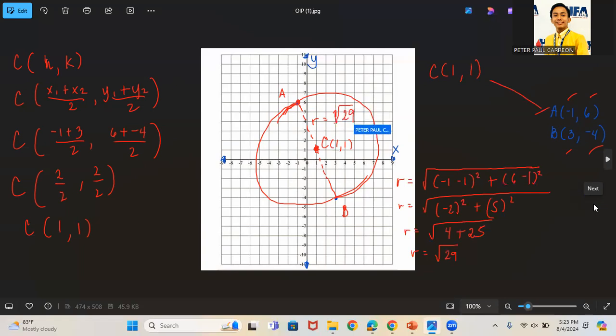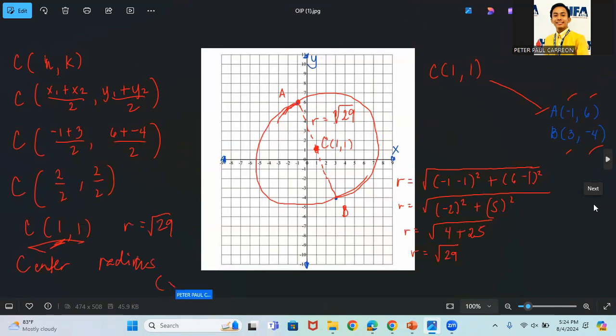Okay? But since the standard equation uses the center and radius form, we have center at 1, 1, and the radius R is the square root of 29. Using these conditions, we can now write the standard equation of the circle.